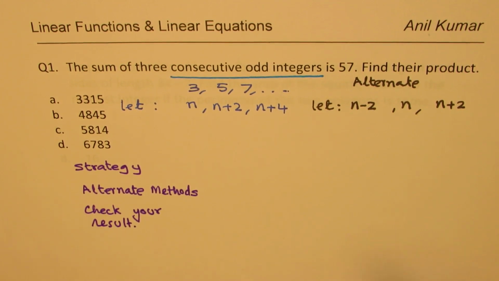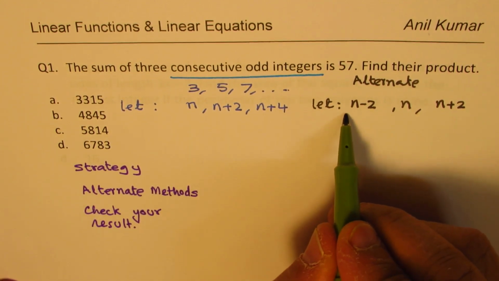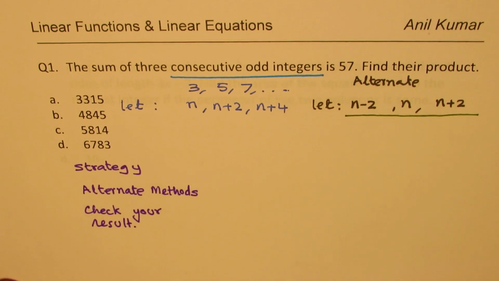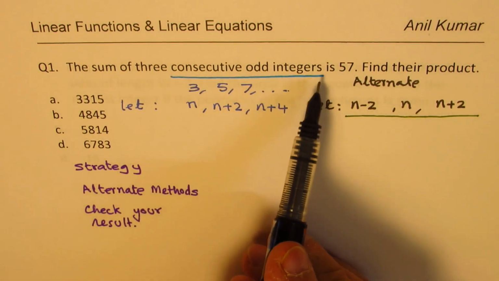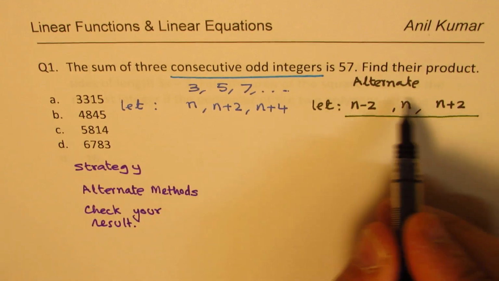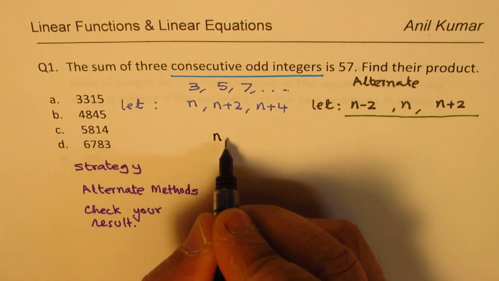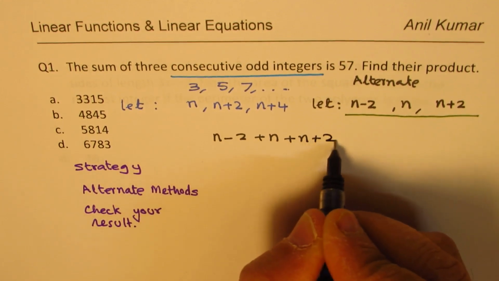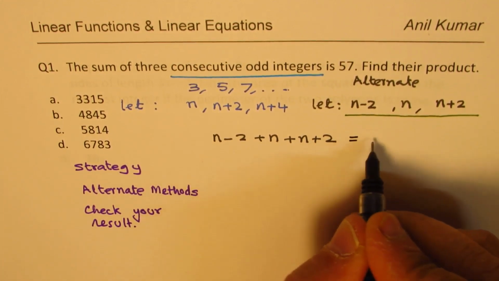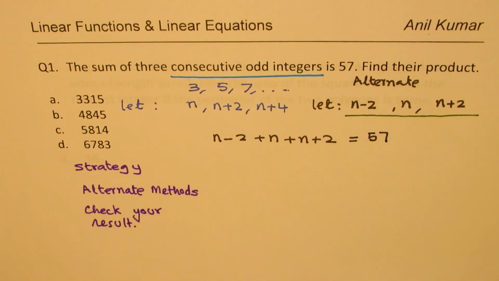Let us try to see what happens when we work with the new set of integers which we have just defined. The question here is, the sum of three consecutive odd integers is 57. So if I add them all, which is n minus 2 plus n plus n plus 2, that is the sum, equal to 57.